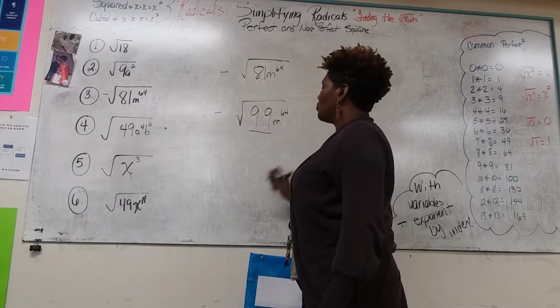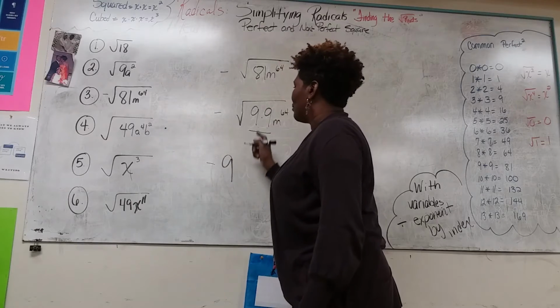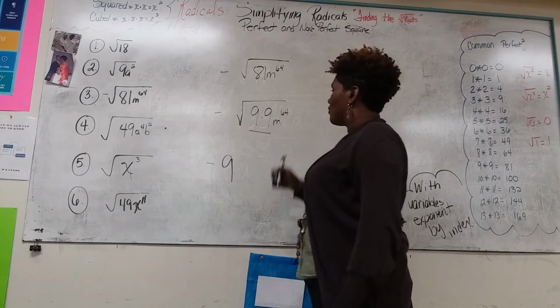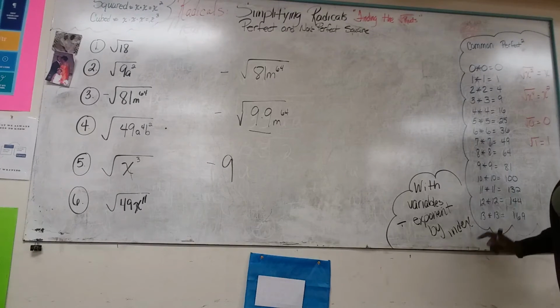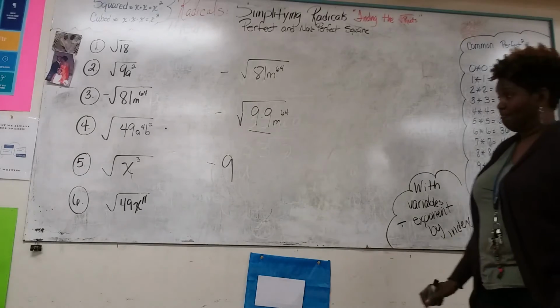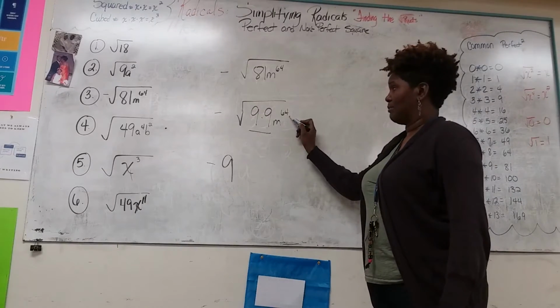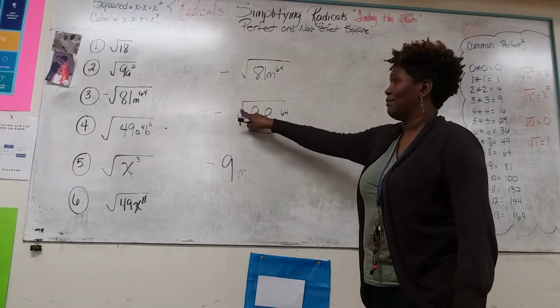All right, I have 2 9s. I'm going to bring my negative sign down. I'm going to boot that 9 out because it's 2 of them. Now, remember this little thought bubble. With variables, divide the exponent by the index. This is my exponent, 64, divided by the index.